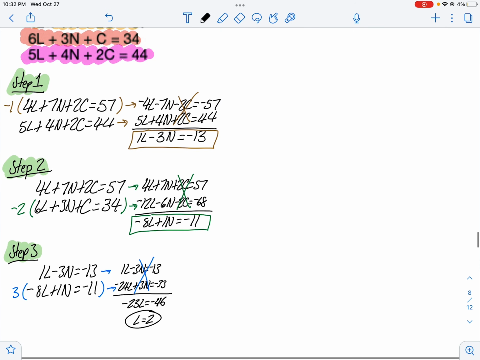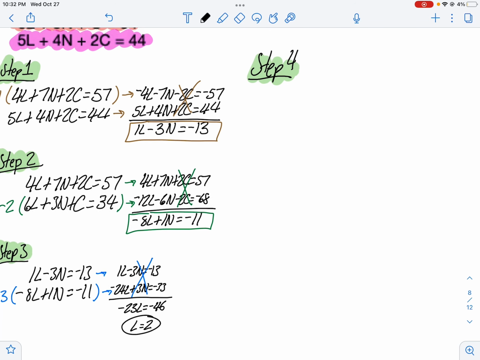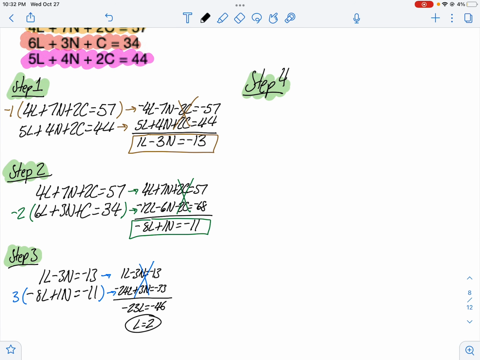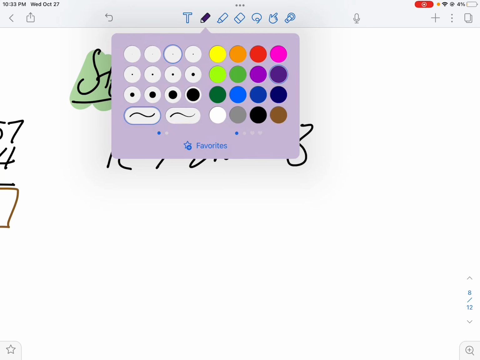All right, step 4 is we're going to take one of the boxed equations, and I'm going to plug in L. So that first one is the simplest to me, 1L minus 3N is equal to negative 13. So this L is equal to 2 is going to go right in there.